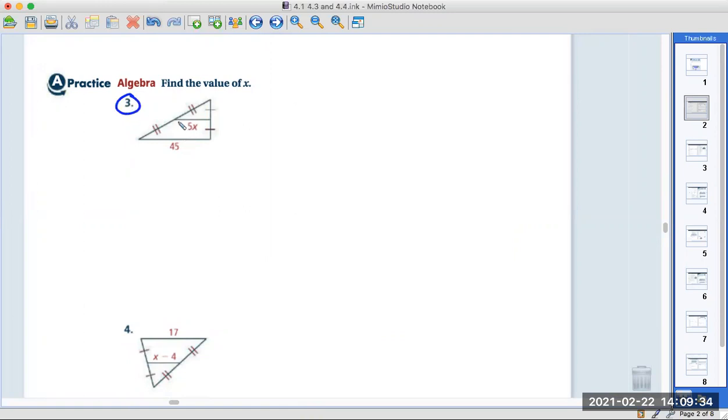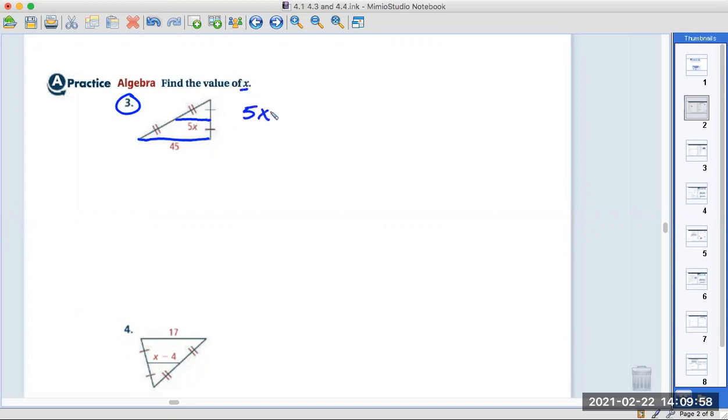So I'm looking at this triangle and I see you have a mid-segment. It's this one, right? And I know it's the mid-segment because these 2 parts are equal and these 2 parts are equal. That has to be true. So there's a relationship between the mid-segment and this base. And remember, the mid-segment is half of the base. So whenever you have to find x, you have to write an equation.